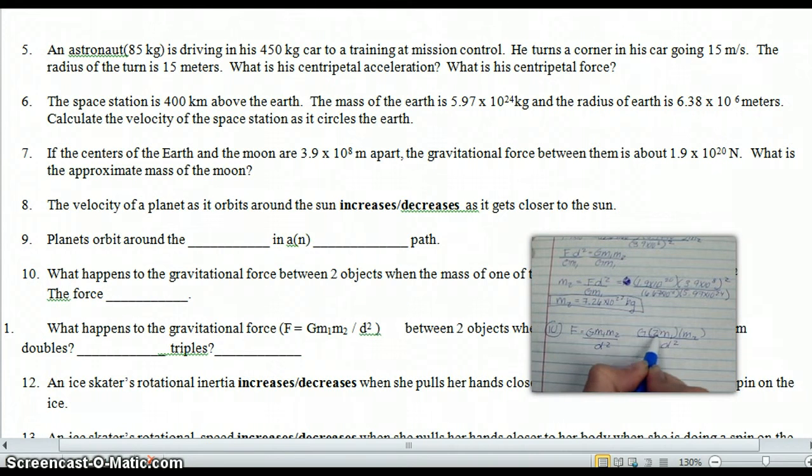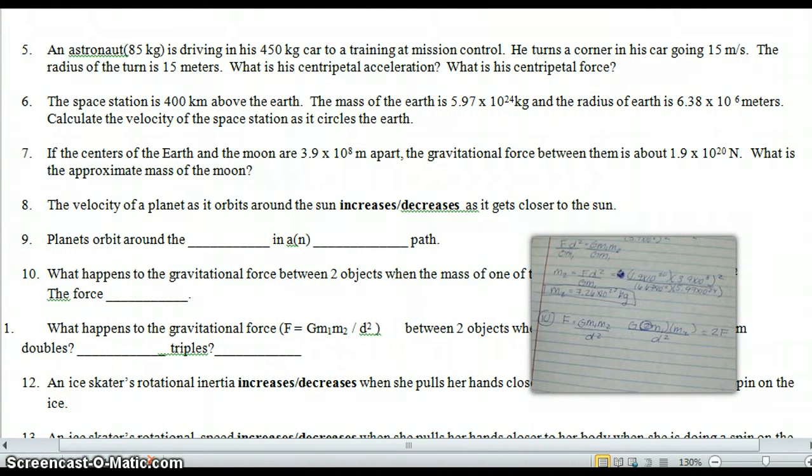So since the 2 is on top, that means that our answer needs to be a whole number. So if we double one of our masses, that means that it's going to double our force. So the force will be twice as large. I'm going to stop there, and then I'll pick up on number 11 in the next video.